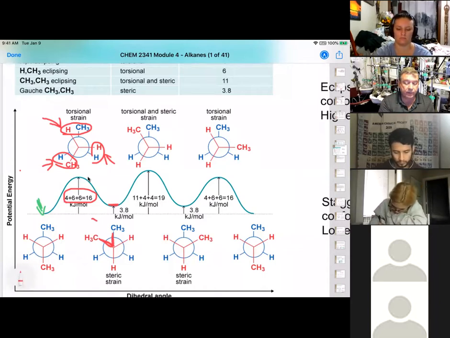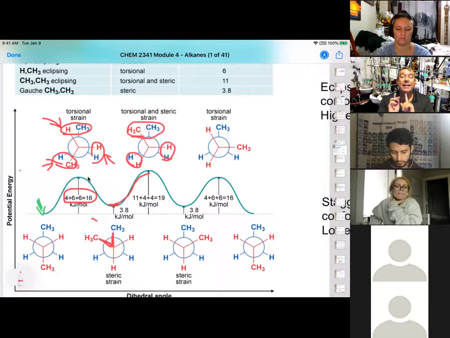Now, when we go back up right here, now we have 4 kilojoules for this one, 4 kilojoules for this one, and this, because the two methyl groups are there, that's 11 kilojoules for a total of 19 kilojoules above the anti. And then when we come to the next one, we still have these two methyl groups near each other, and that's giving us that 3.8 kilojoules.